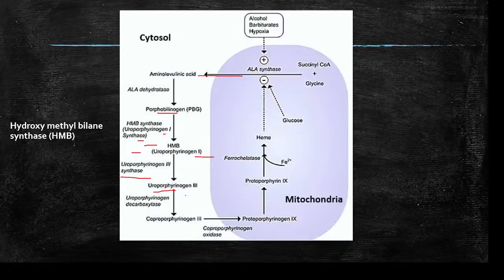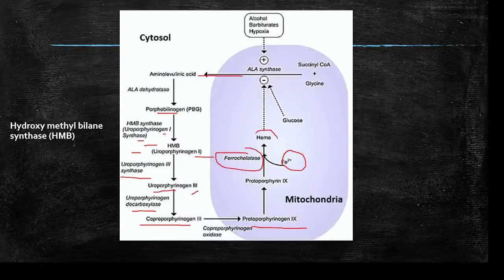Further, this uroporphyrinogen 3 undergoes decarboxylation by the action of uroporphyrinogen decarboxylase. It will form coproporphyrinogen 3. This coproporphyrinogen 3 is then transported into mitochondria, where it is converted to protoporphyrinogen 9. This protoporphyrinogen 9 is converted to protoporphyrin 9. Then this protoporphyrin 9 will combine with iron by the action of ferrochelatase enzyme.